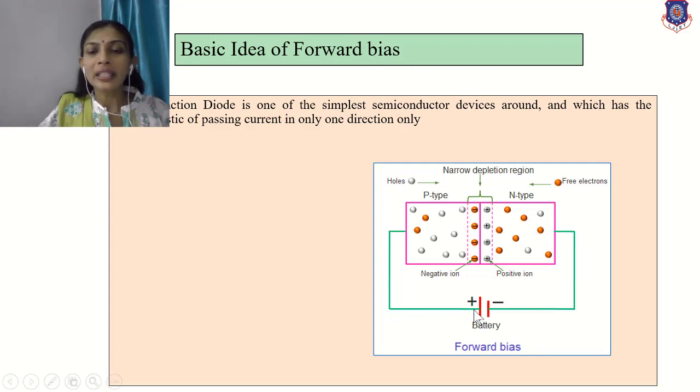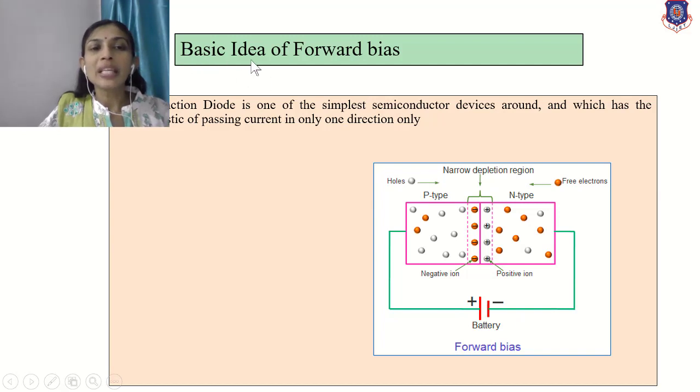With the forward bias connection, the plus battery terminal is connected with P and the negative battery terminal is connected with N. Majority charge carriers in P type are holes, and in N type they are electrons. These free holes and free electrons will be energized when you connect the battery.